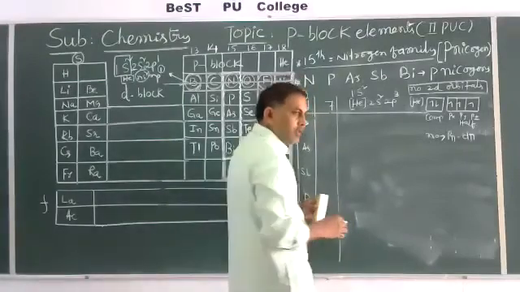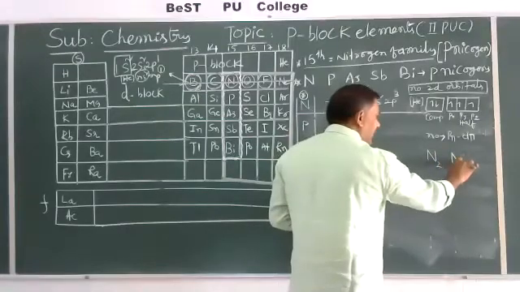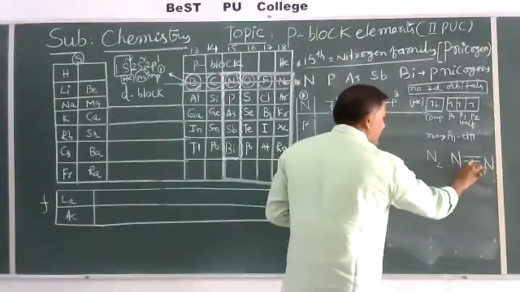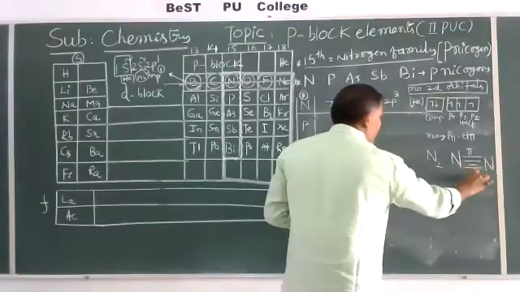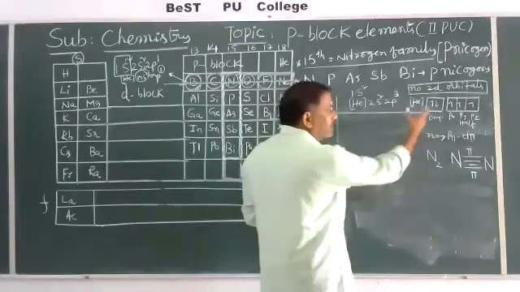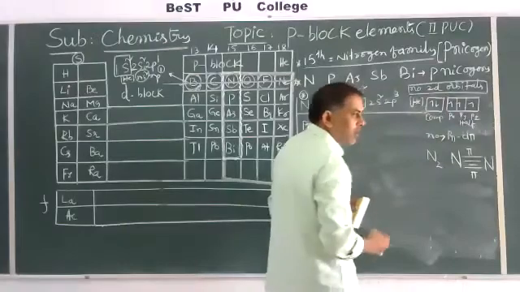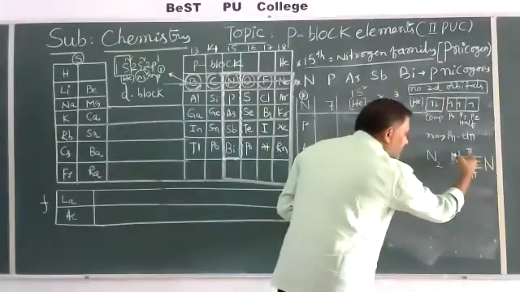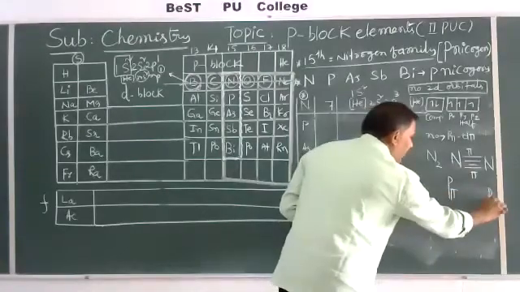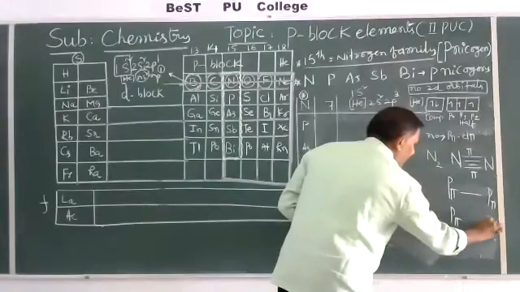Just observe here. In chemical bonding, I explained nitrogen N2. That is N triple bond N. Here one is a sigma bond, and the remaining two are pi bonds. In nitrogen's outermost orbit, only p orbitals are present. There is no d orbital. That's why the pi bonds in nitrogen are p pi and p pi only.